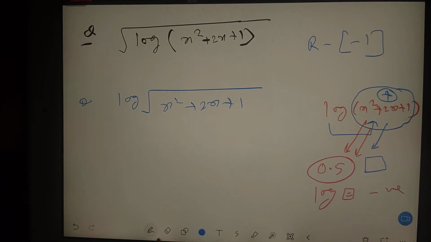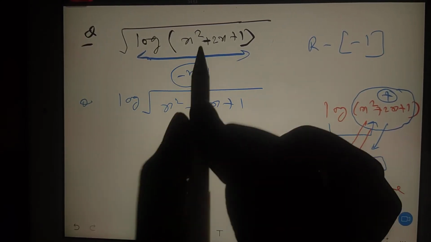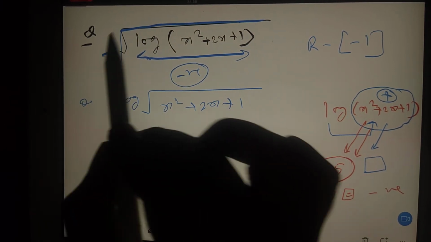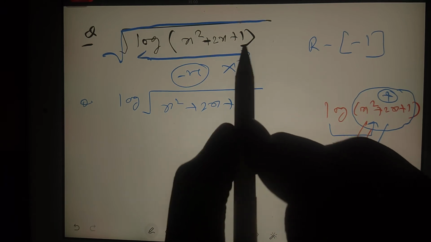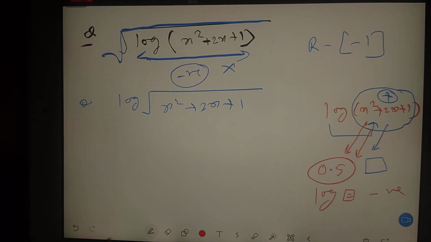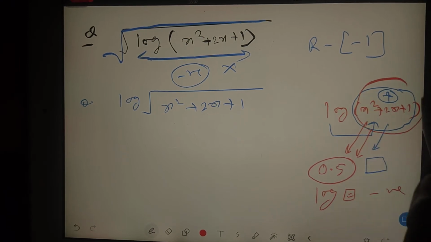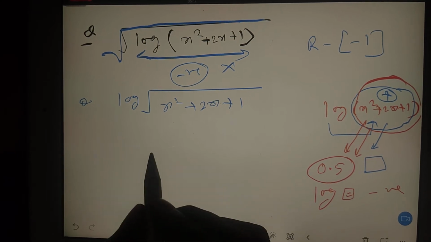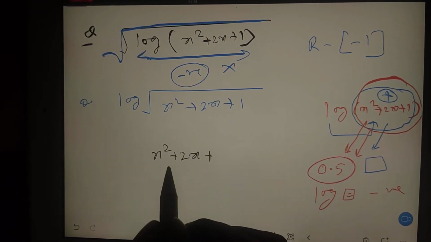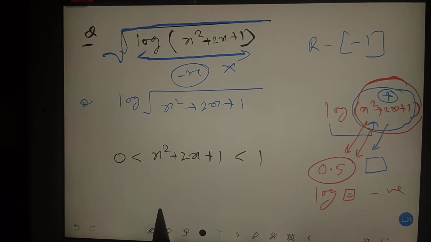Correct? It means if this total answer starts coming as a negative answer, then you have to apply the root condition. Root says no. Inside the root, negative is not allowed. It means we have to check one more condition, for which this total x square plus 2x plus 1 can be negative, can go decimal. So that answer is, if your x square plus 2x plus 1 is more than 0 but less than 1, then only we have a problem.